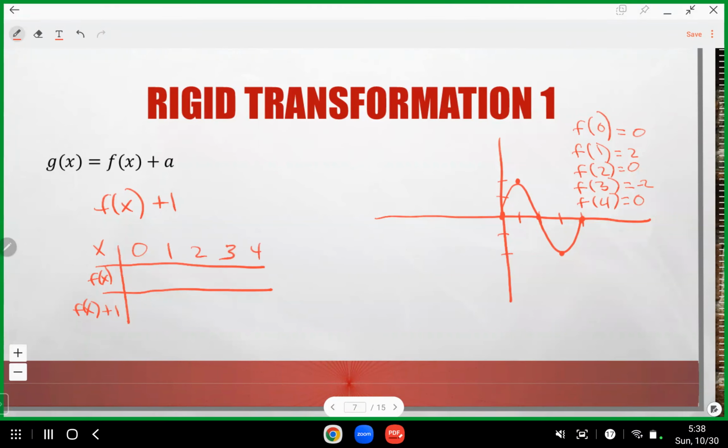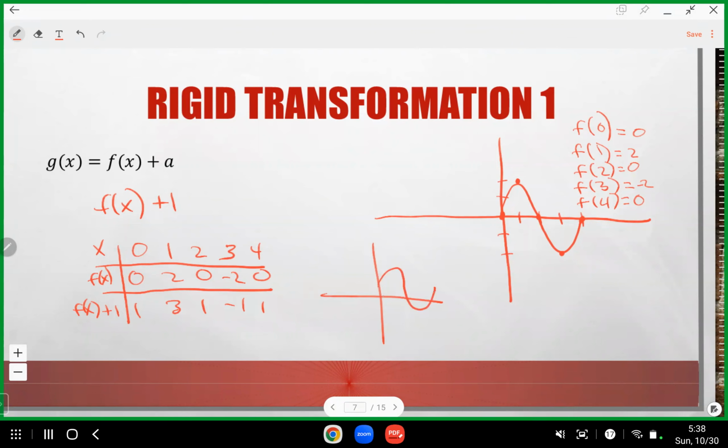For our regular f of x graph, we get 0, 2, 0, -2, 0. And then plus 1, we get 1, 3, 1, -1, 1. So basically what we did when we added 1 is we just shifted it up, right?